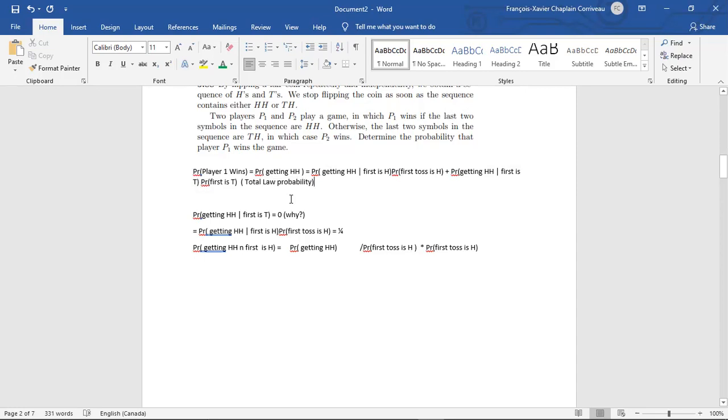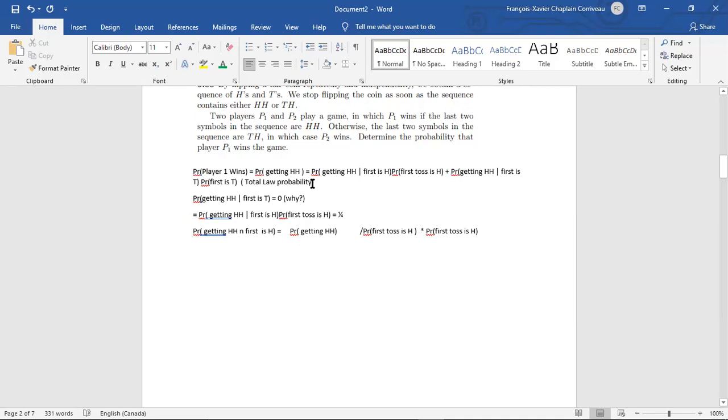So personally, I don't think total law of probability is strictly needed. You don't really need to emphasize that you're using it, but that's the idea of this question, right? In your head, what you did is total law of probability. So that's just the formalization of what you did in your head. Or if you want an English argument, you can absolutely do that. For this question, I think you can.